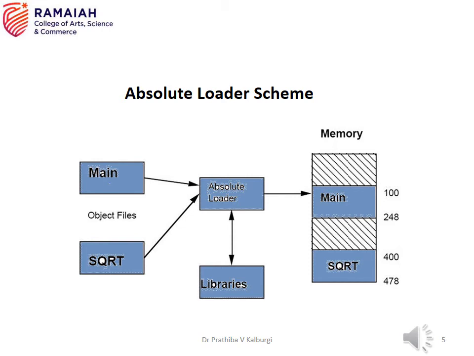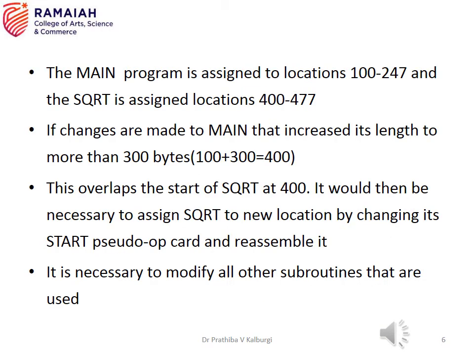The main program is assigned to locations 100 to 247 and the square root program to locations 400 to 477. If we make any changes to the main program which increase its length to more than 300 bytes, then the end of the main program will be 400, which will overlap the starting address of the square root program, which starts at location 400.